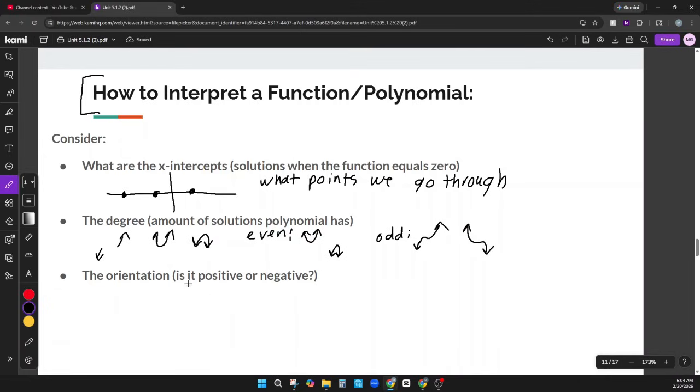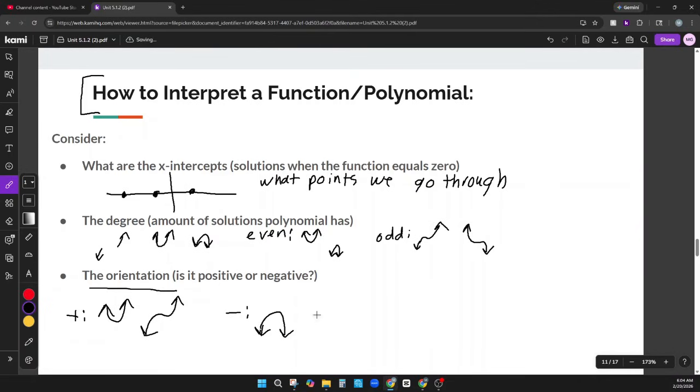Speaking of positive or negative, orientation. Is my graph positive? Or is my graph negative? We could tell if a graph is positive or negative by its end behavior going to the right.